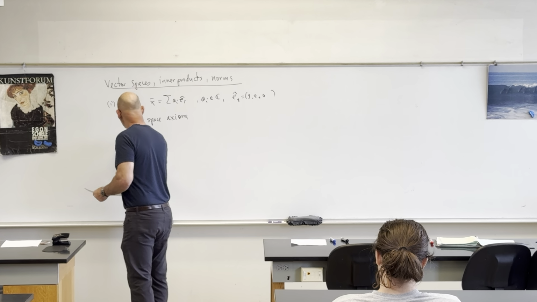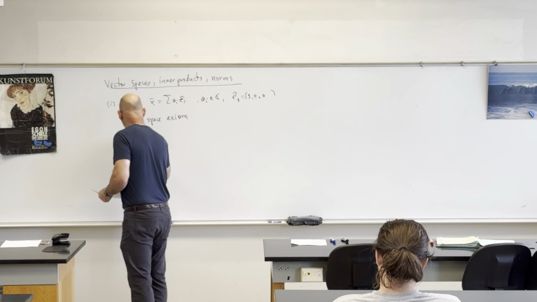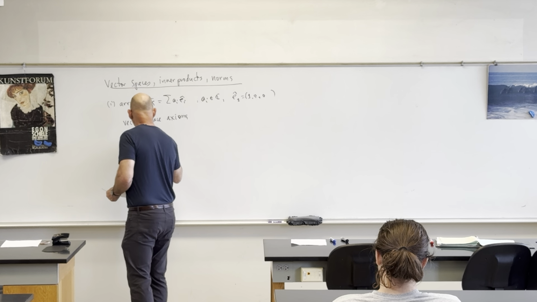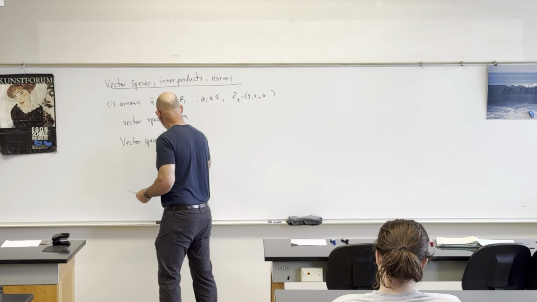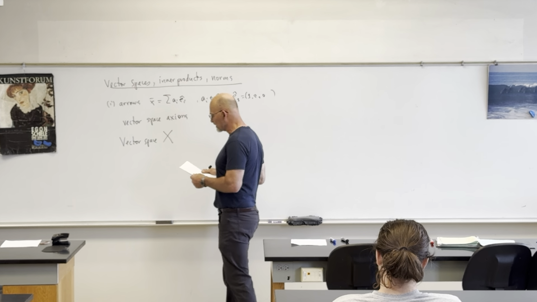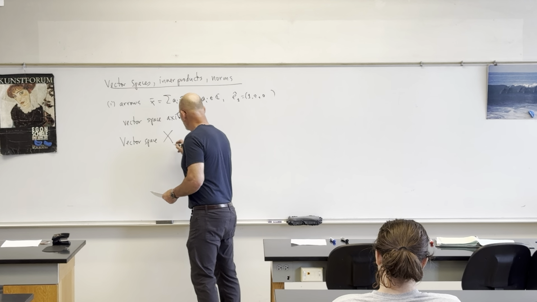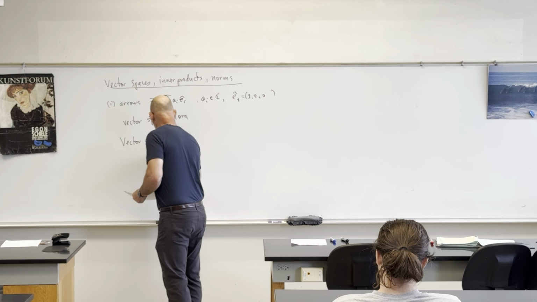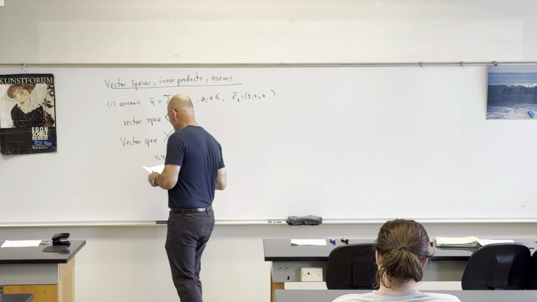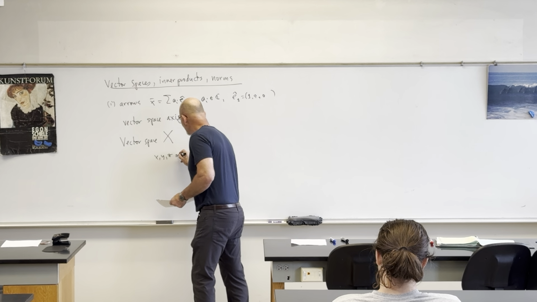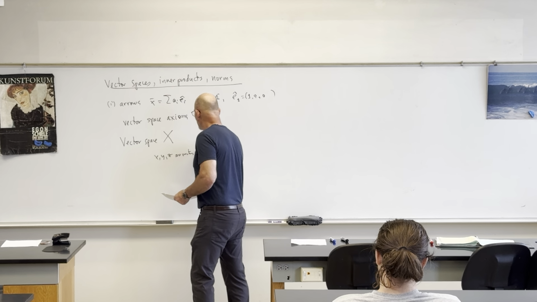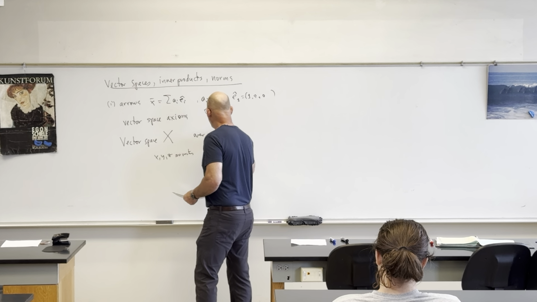Okay, so what we're going to have is a vector space X. Those elements of capital X are vectors. So x, y, and z are the elements, or vectors. It's over a field.